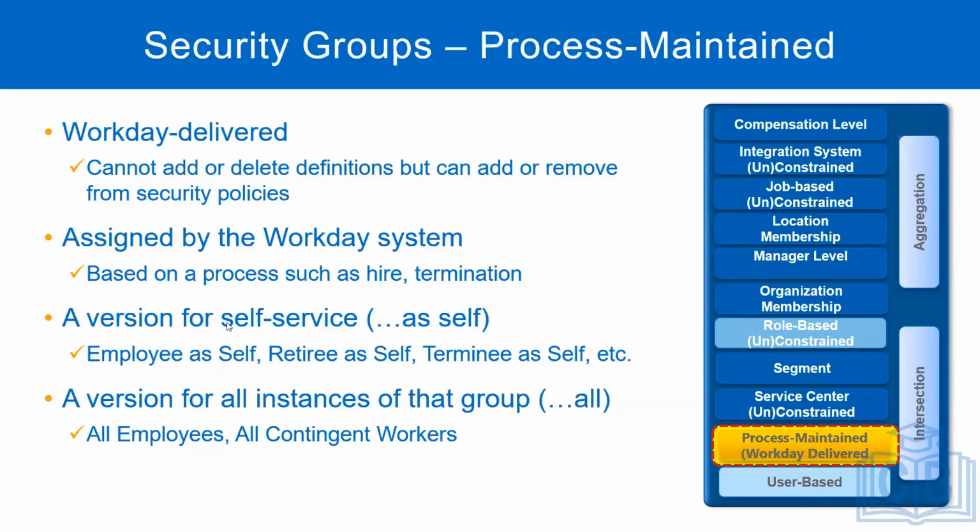One is as self, for example employee as self, contingent worker as self, retiree as self, terminee as self, and so on. And the other is a version which says all instances of that group, for example all employees, all contingent workers, all retirees, all terminees, etc. That is the other version of the process maintained security group.